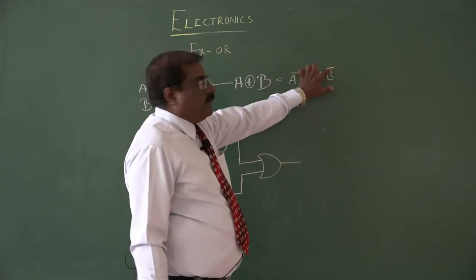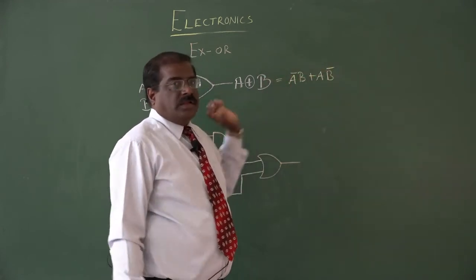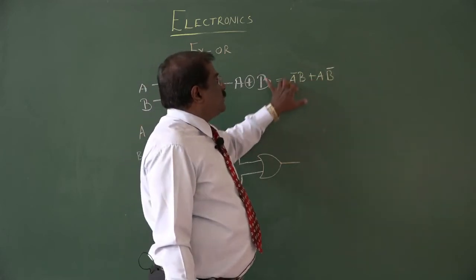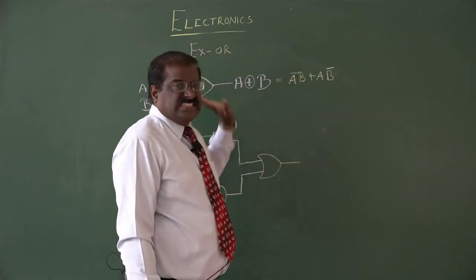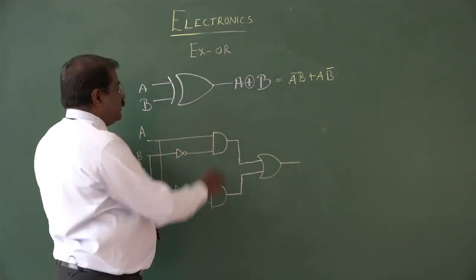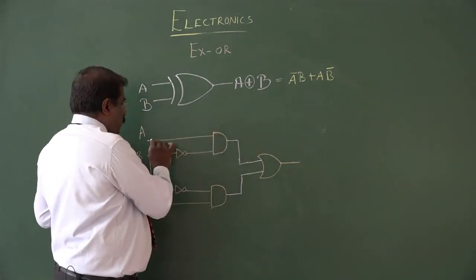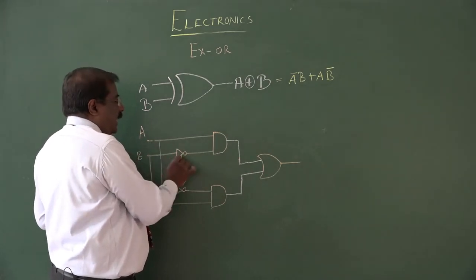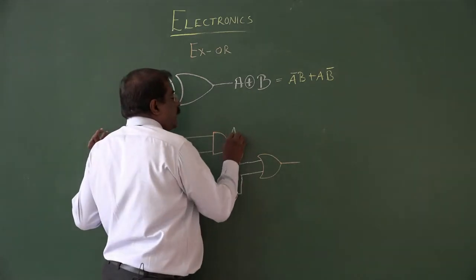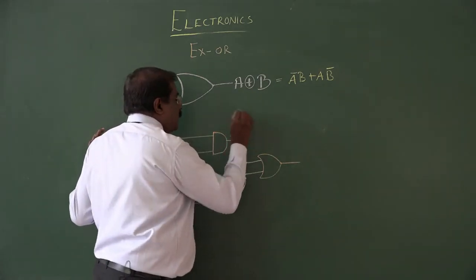For the complement we need a NOT gate. We can realize this equation with basic gates. This is an AND gate, so the output of A and B bar is A dot B bar.